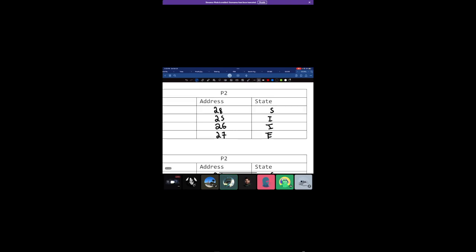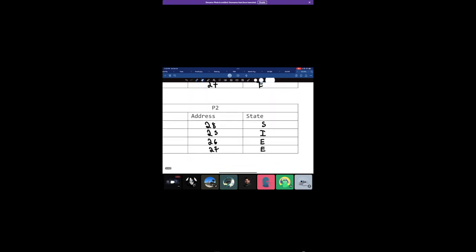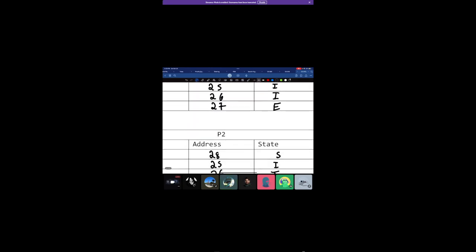C, processor 2 with 26. Here, this should be invalid. I'll tell you why it's invalid. Just give me one second. Okay. So this is invalid here because we see here, number 26, we're supposed to read that as a miss.